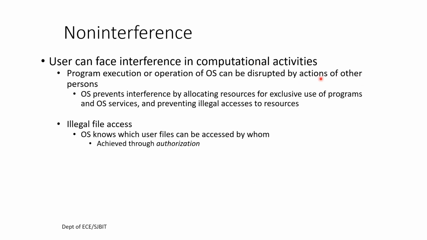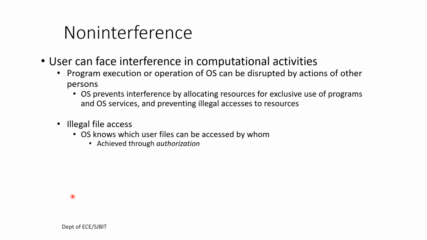So next is non-interference. The computer user can face different kinds of interference in his computational activity. Program execution or the operations of the OS can be interrupted by actions of other persons.